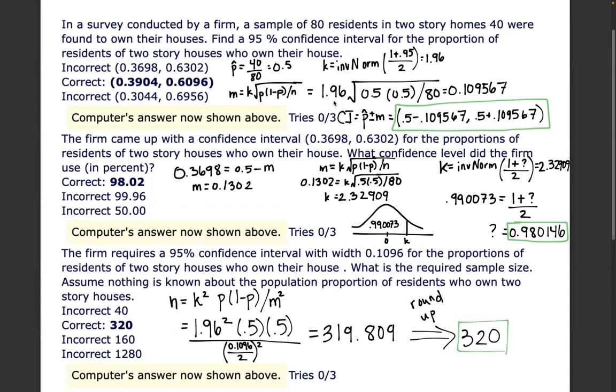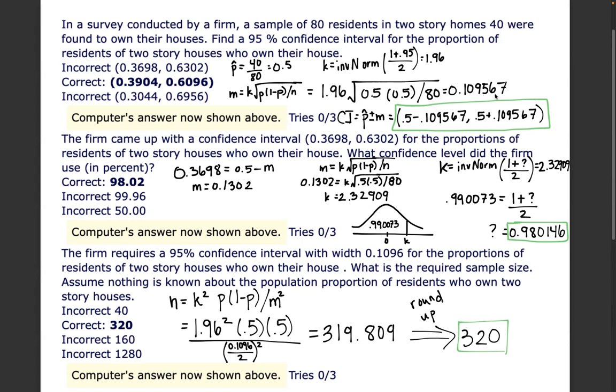So our K is 1.96 times the square root of, so our P was 0.5, so our 1 minus P is also 0.5, and then we're going to divide that by our total number of residents in our sample, which is 80, and we'll get 0.109567.